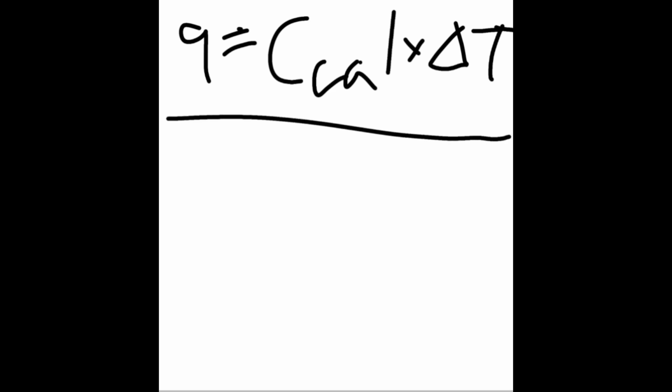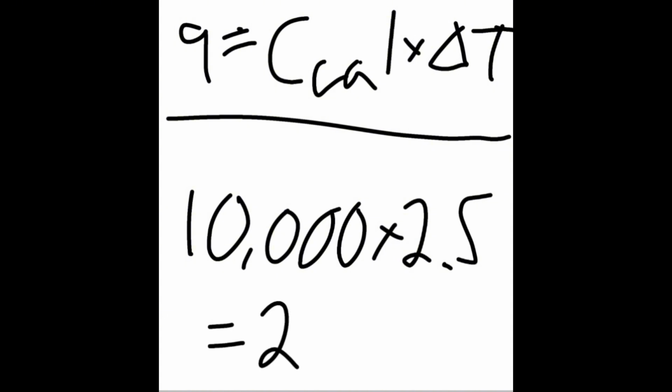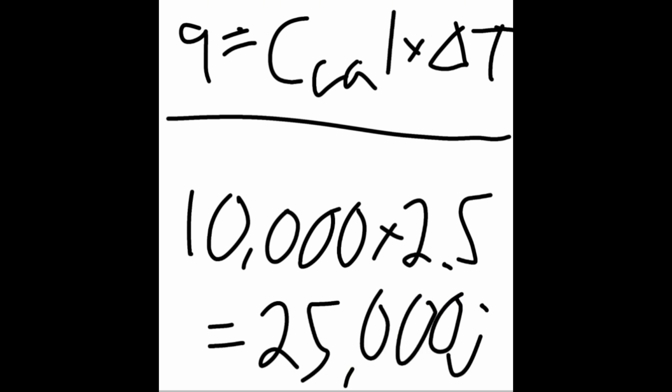Ccal is 10,000 joules per degree Celsius times 2.5 degrees Celsius. On a calculator, we get 25,000 joules. And that's it.